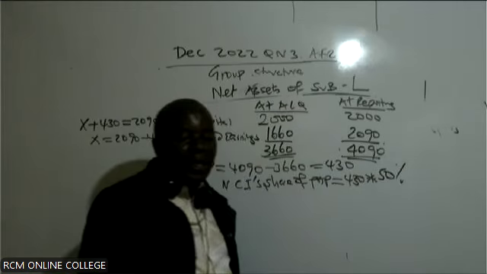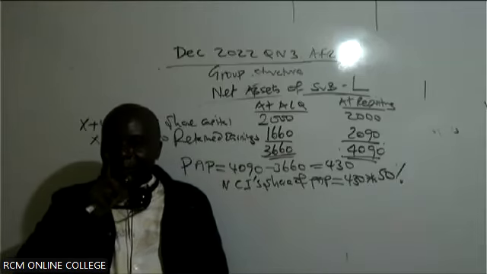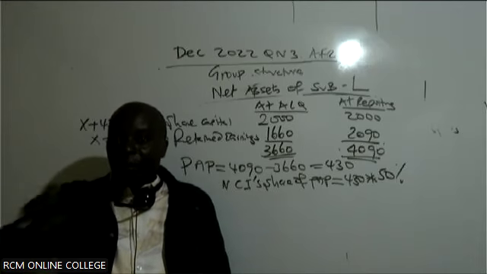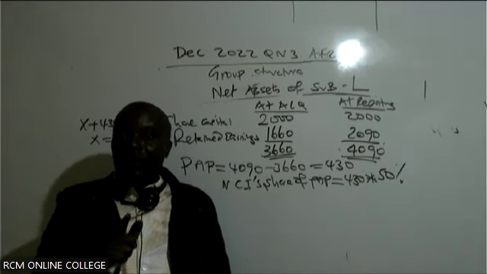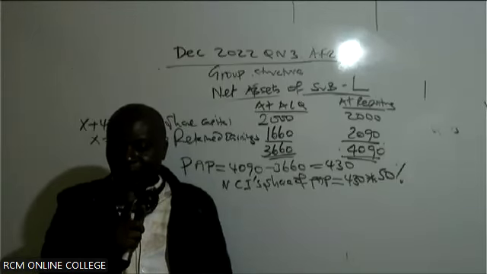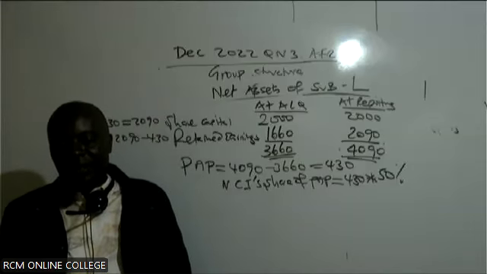When it comes to dividends, they will always be based on shareholding, which is 50%.